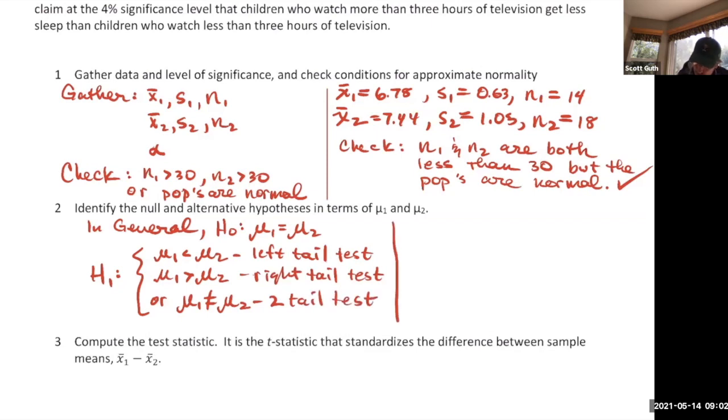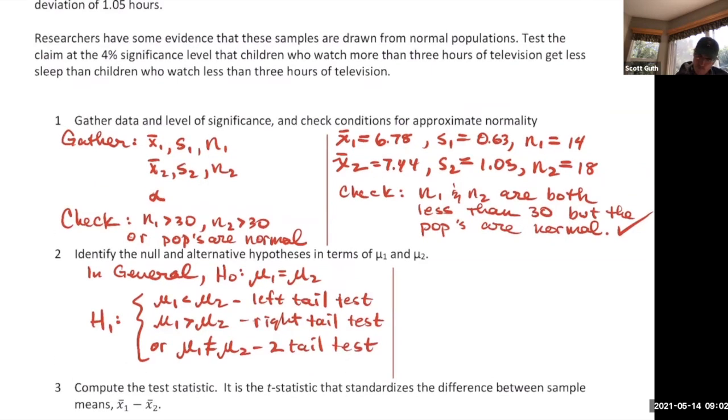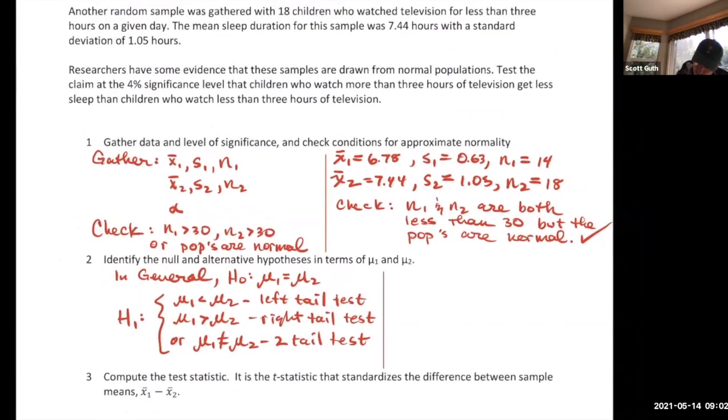Okay, so now for this example, obviously we're going to say mu1 is equal to mu2, so that in general, what we're saying is there's no real difference in terms of the average amount of hours that kids sleep, regardless of how much TV they watch. That to me is not logical, but that's the null hypothesis.